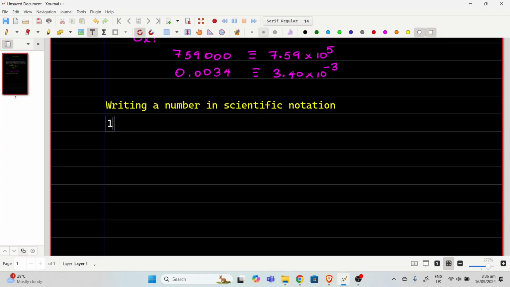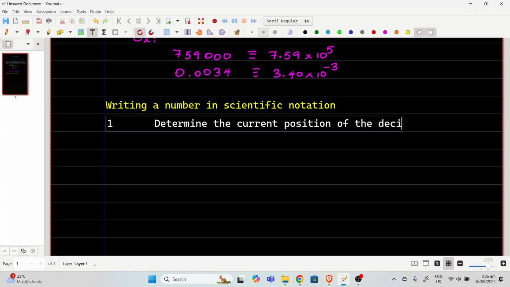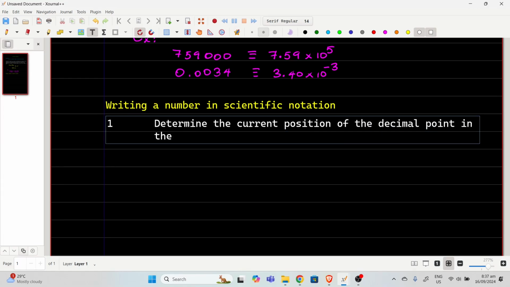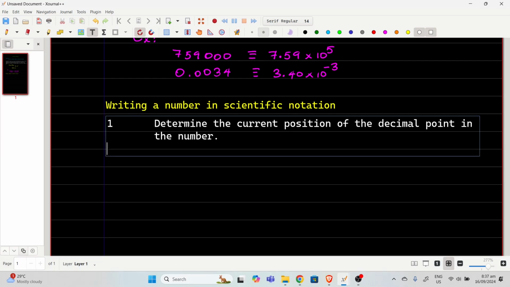The first thing you want to do is determine the current position of the decimal point in the number.